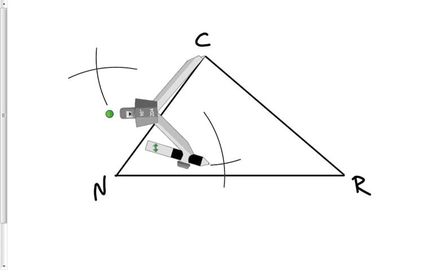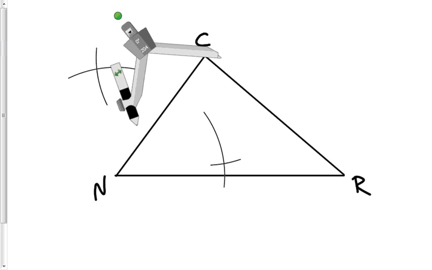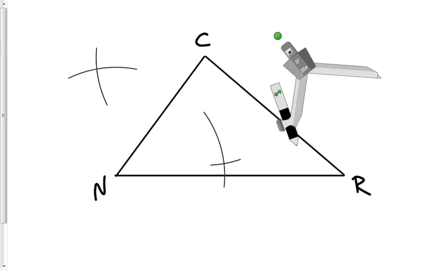And there. So now I can see that my midpoint is right there. So there's one midpoint. So let me make that a little bit smaller. I'll just use a dot right there. There we go. That's better. I like that.